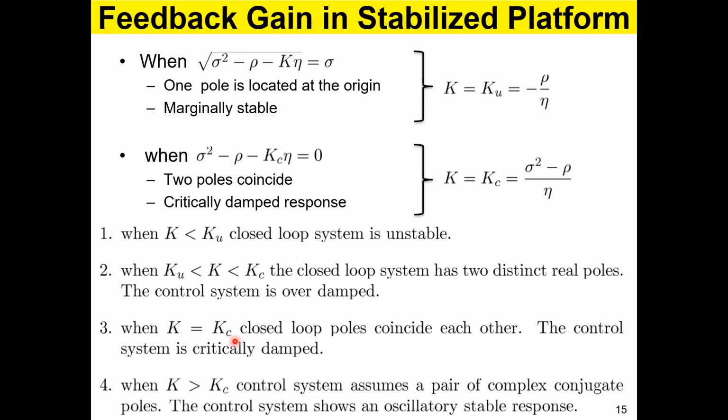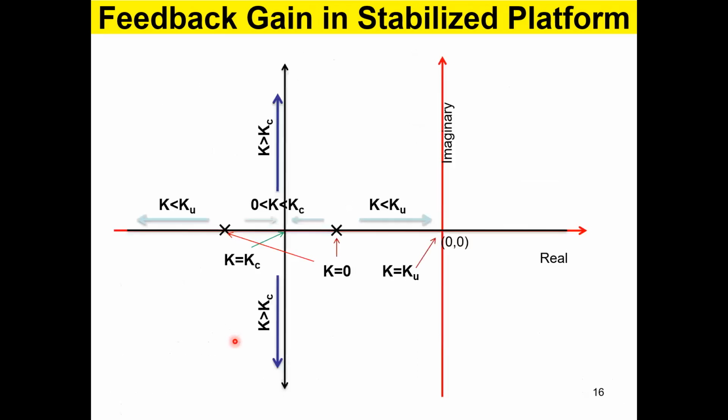And if you further increase K beyond the critically damped gain, the system is assumed to have a pair of complex conjugate poles, right? So the whole thing is described over here, right? When the feedback gain is 0, system is open loop, and you have this and this, two poles.